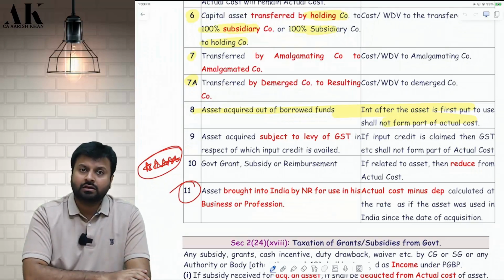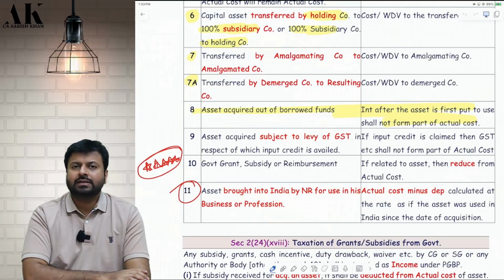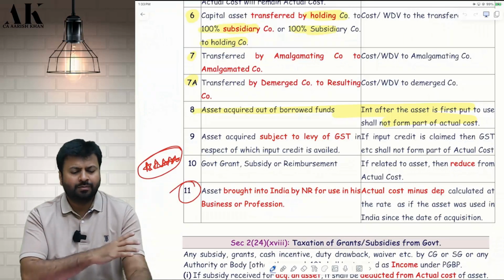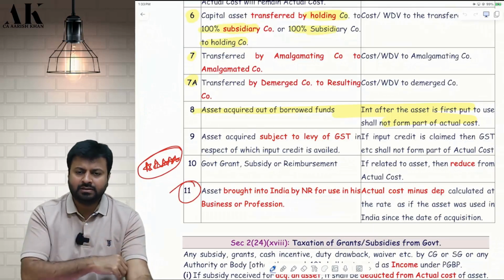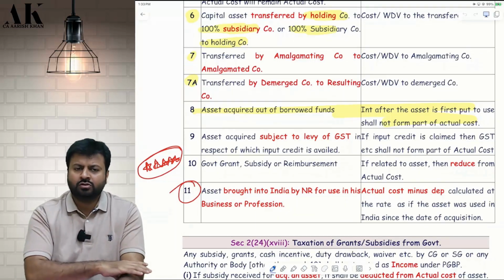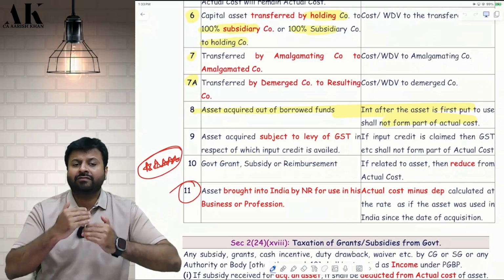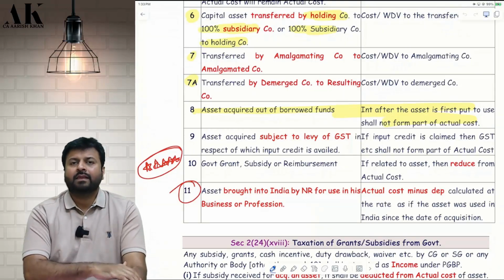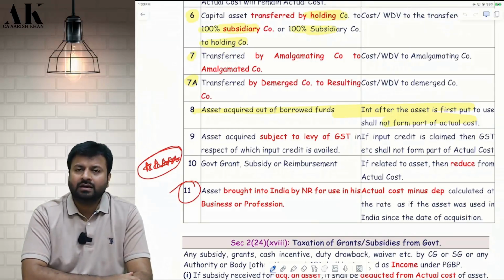Now what is a grant? I went to the government and said I want to buy a plant and machinery of 100 lakhs, please help me. So the government said yes, take this 20 lakh rupees and you can buy the asset of your choice. So the grant is upfront money given to me. And what is reimbursement? I went to the government and said I want to buy a plant and machinery of 100 lakhs.